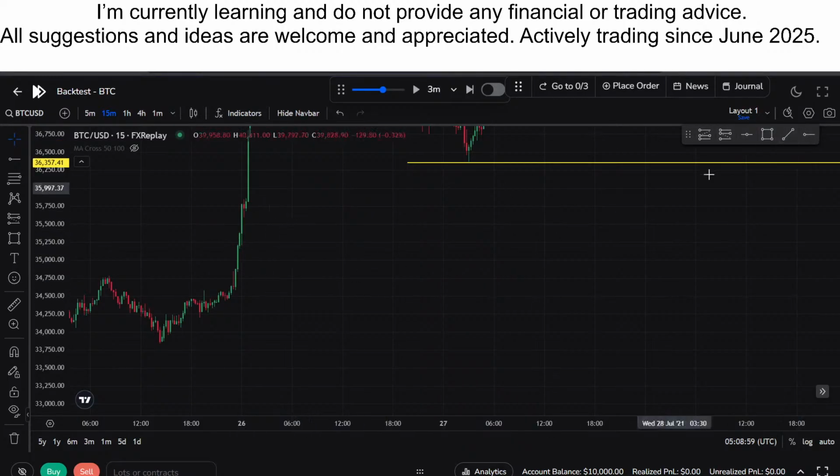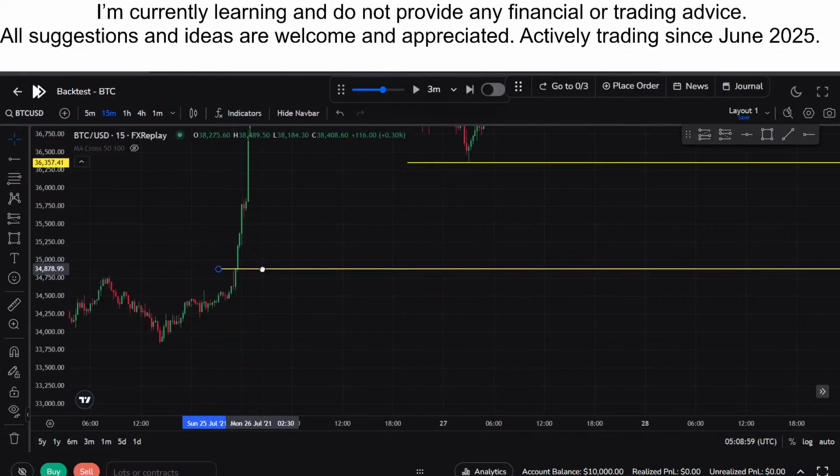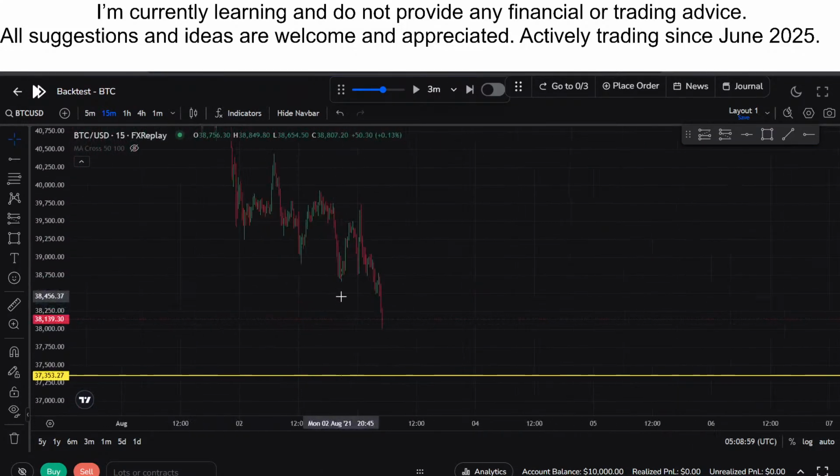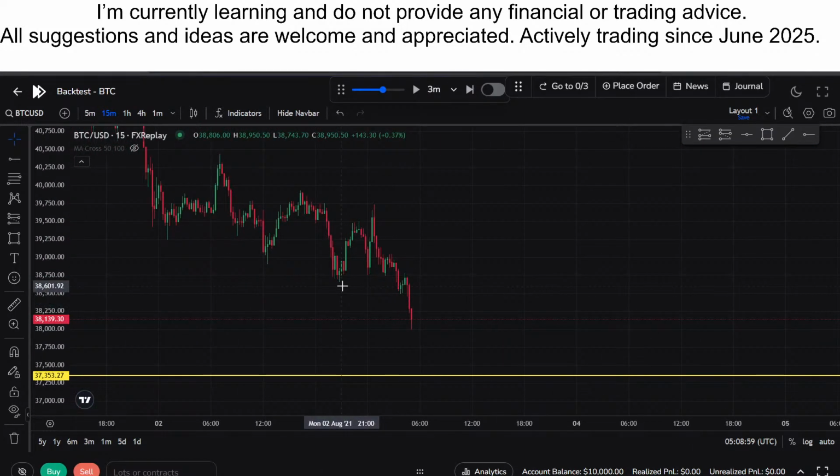The lowest point of the fair value gap is this one. What I learned in this backtesting was just be patient and let the trade run and hit your stop loss or take profit.